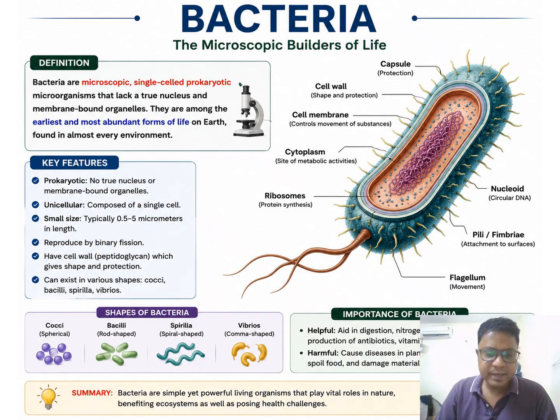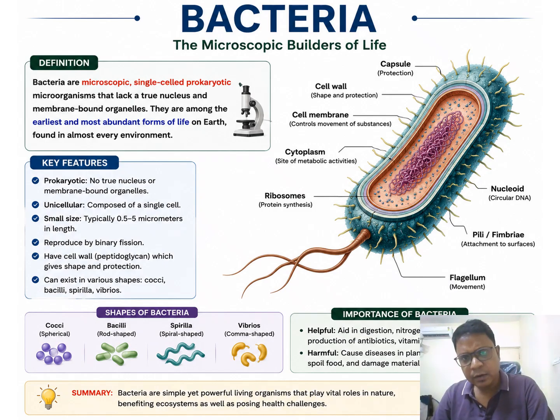They can exist in various shapes, like cocci, this kind of shape, or bacillus, like this capsule kind of shape, spirilla, a spiral shape, and vibrio, like this kind of shape. So this is the overall picture of a common bacterium. You can see how the different parts are here.